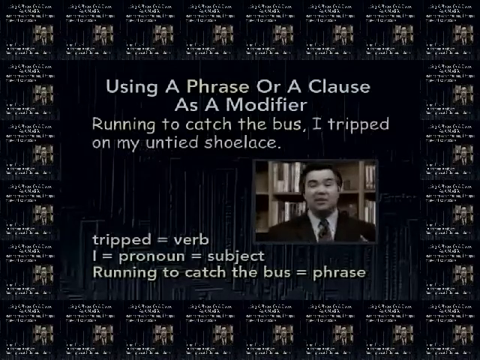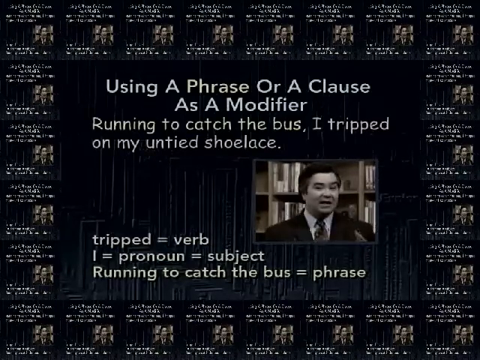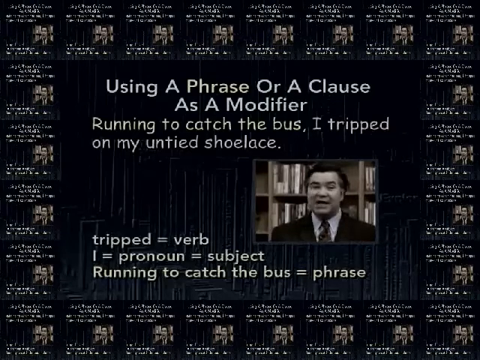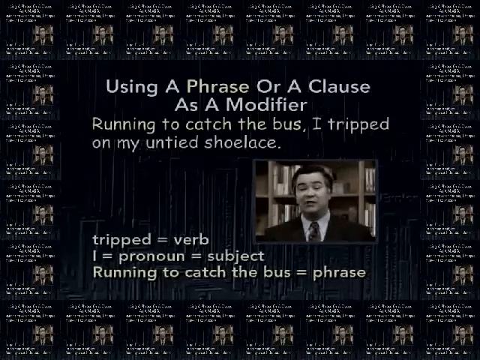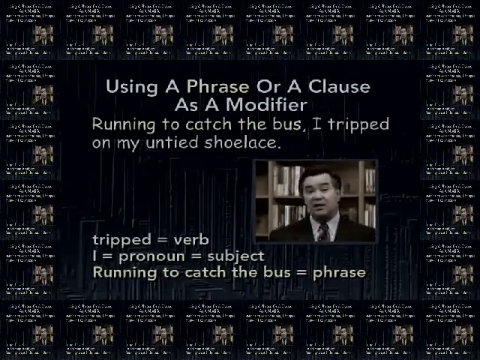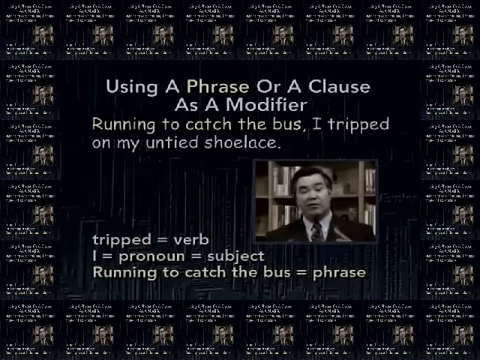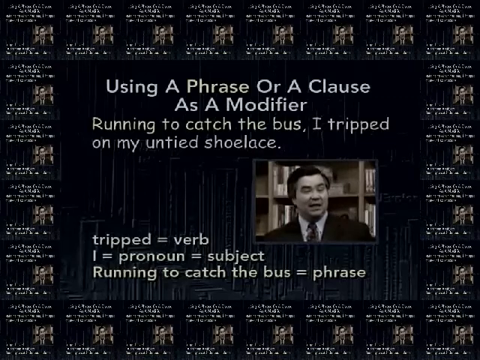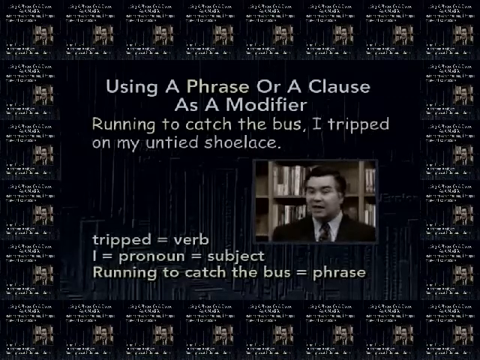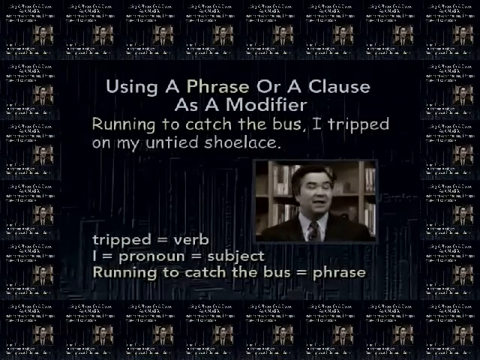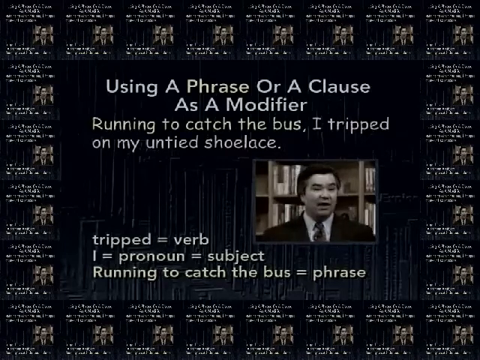So running to catch the bus is acting, the entire group of words is acting in a sense as an adjective. It's a modifying phrase, and the whole group of words refers to, modifies, or gives more information about I in the sentence. So this is an example of how a phrase in a sentence can act as a modifier.